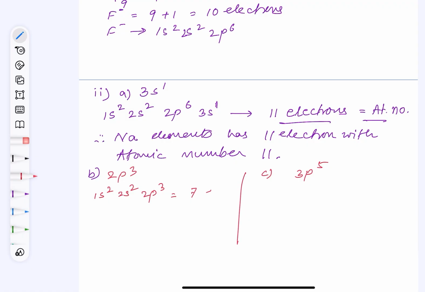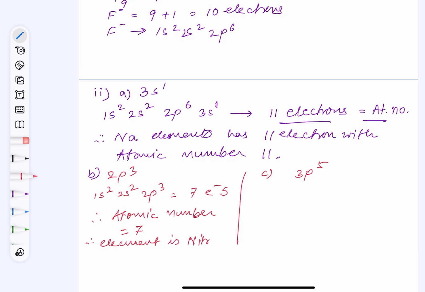So 7 electrons you have, therefore atomic number would be 7. We know that atomic number will be equal to 7. Therefore, additionally I tell you that the element is nitrogen.